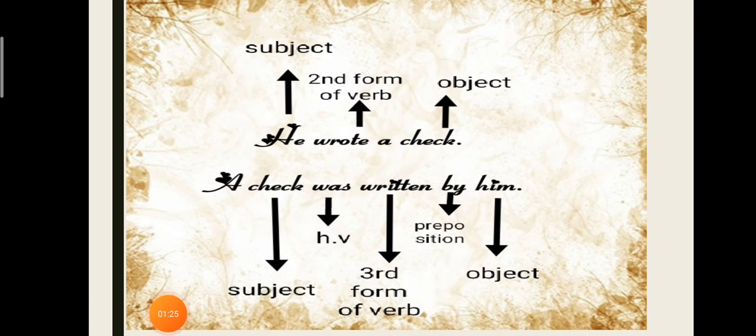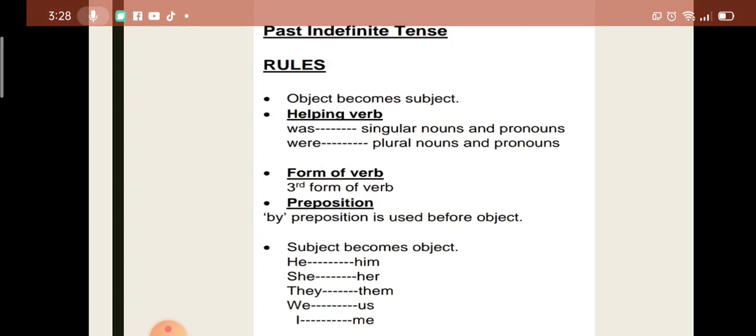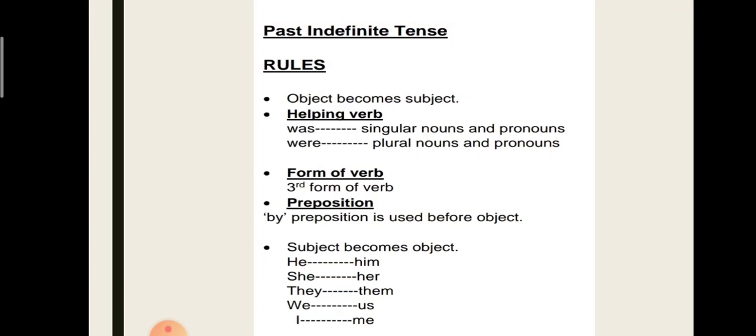So it will become subject. Right here you can see that in the second line we have made it subject. So this is the first rule. Object becomes subject.